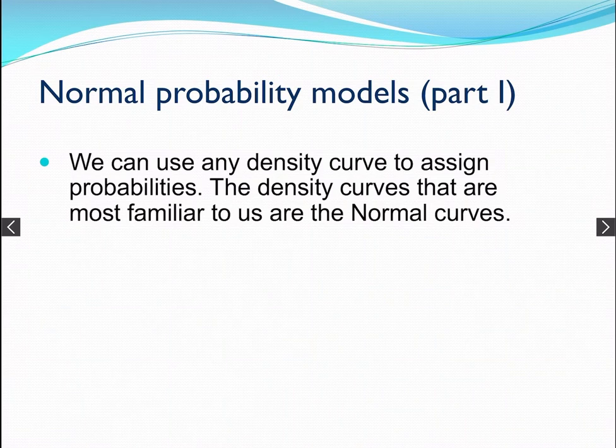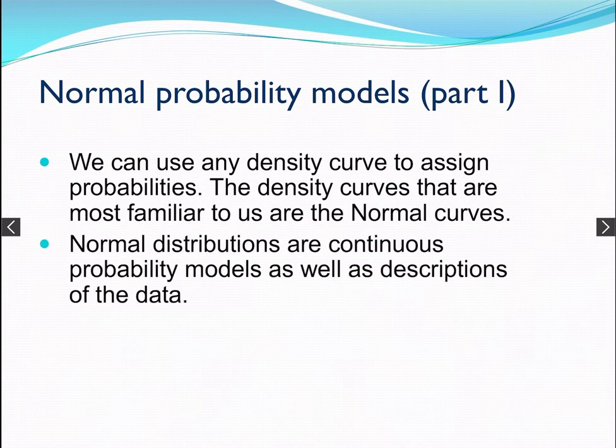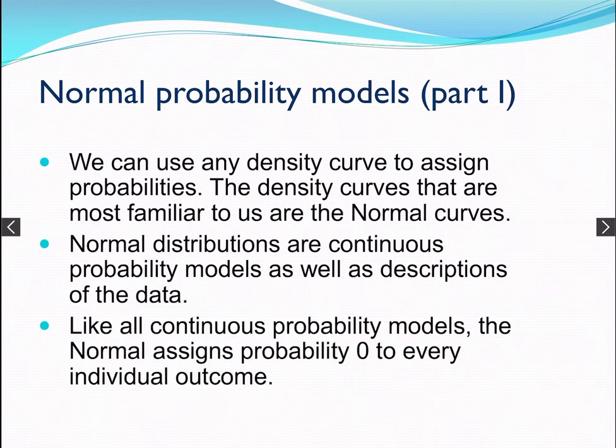We can use any density curve to assign probabilities, and the density curves that we're most familiar with now, after our last few chapters, are normal curves. Normal distributions are continuous probability models as well as descriptions of data. Like all continuous probability models, the normal curve assigns probability 0 to every individual outcome.